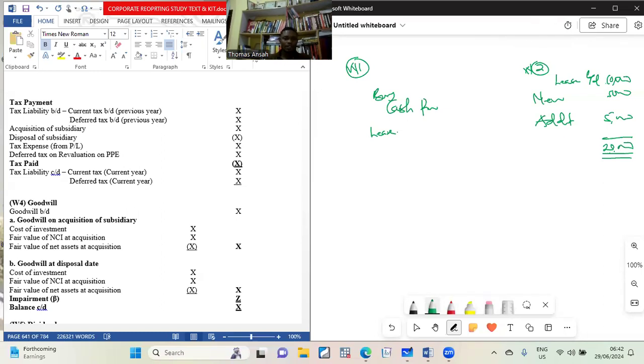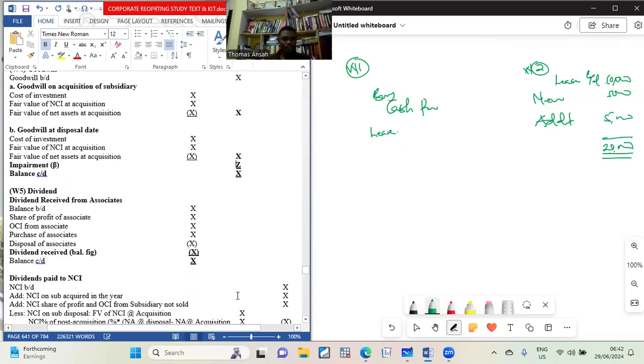So after that, you compare the goodwill brought down, goodwill coming in, goodwill disposal. You compare it to your goodwill brought down, you get your impairment. So that's how you can find the impairment to your operating activity where you are going to add back.